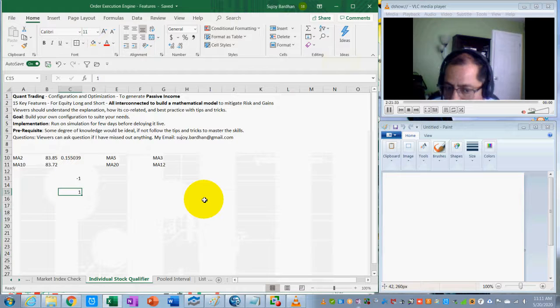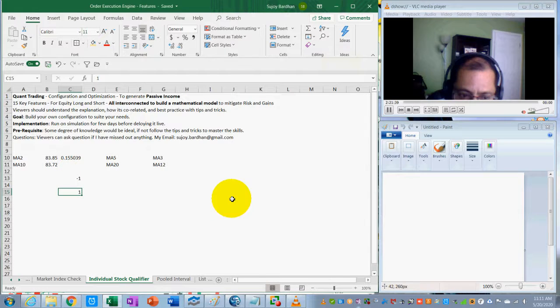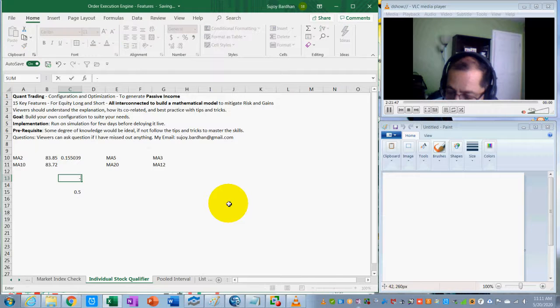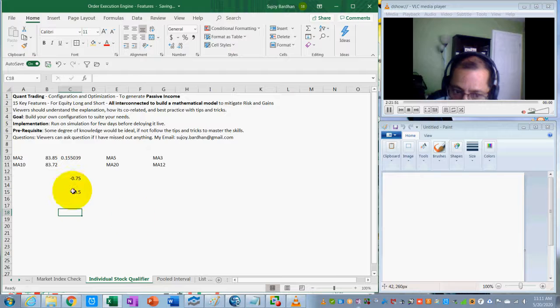So it depends again how conservative you want to be or how aggressive you want to be. You can even set it up for long positions, go anything over 0.5% on the differential, I will take it. Or on the short side, maybe you keep it as minus 0.75, I will take it for short considerations.